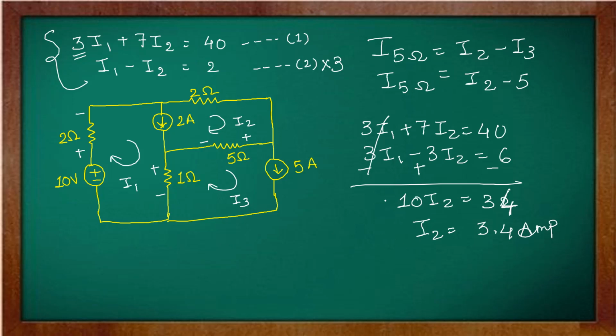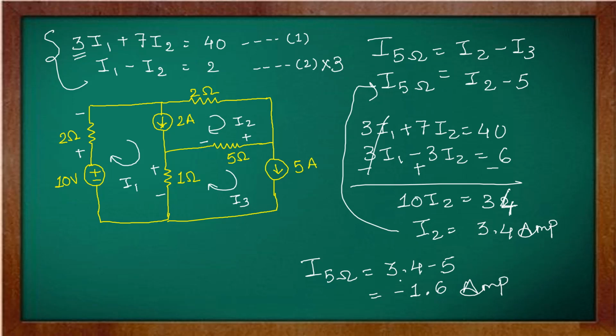Now substitute this value in our above equation. So I5 ohm will become 3.4 minus 5, which is equal to minus 1.6 ampere. But see here the first current is I2. So for the direction of I2, just check, that direction is this.